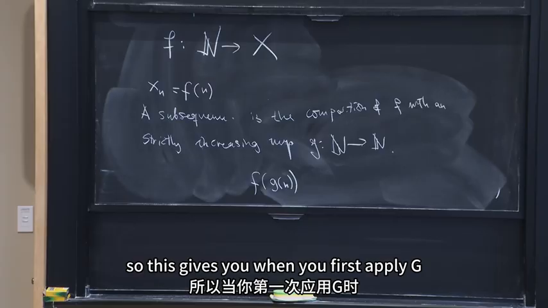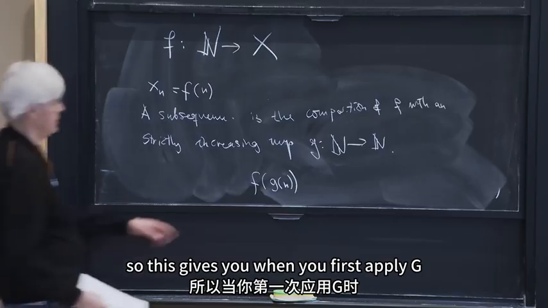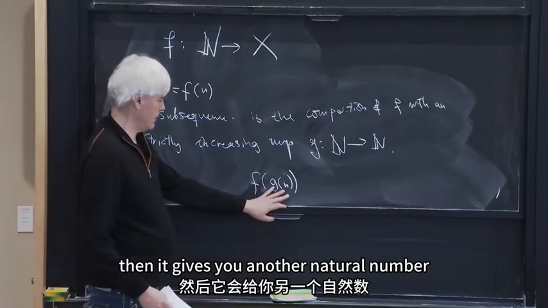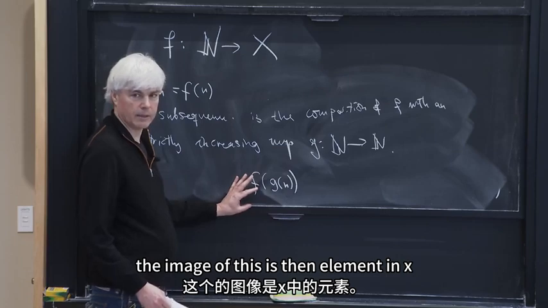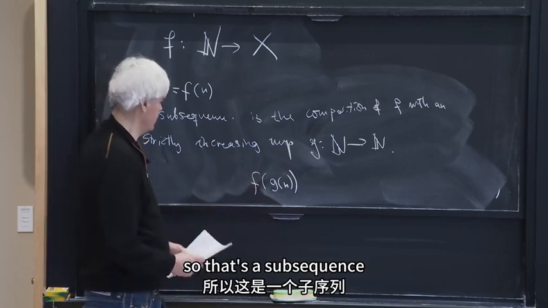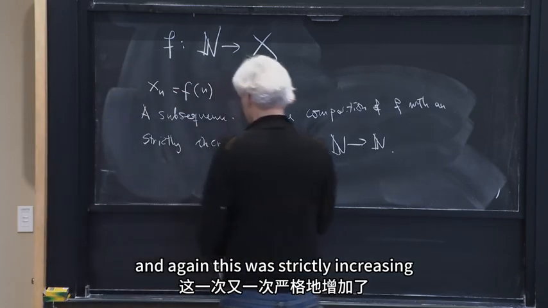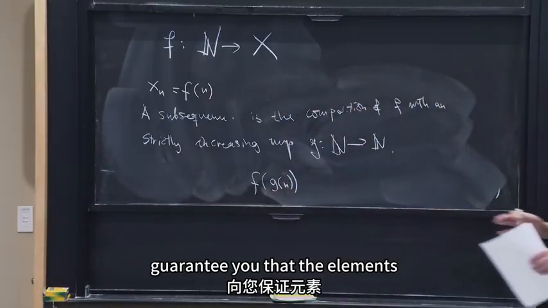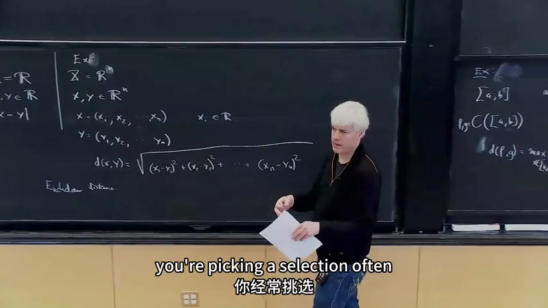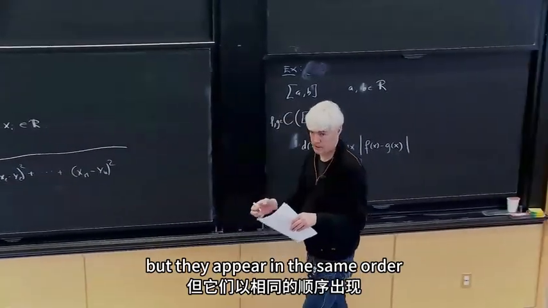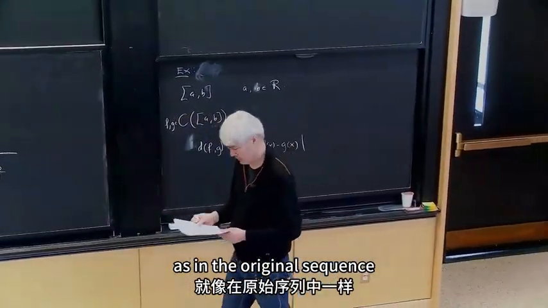Right? So when you first apply g, it gives you another natural number, and the image of this is then an element in X. Right? So that's a subsequence. And again, strictly increasing guarantees that the elements appear in the same order. You're picking a selection of them, but they appear in the same order as in the original sequence. Okay.